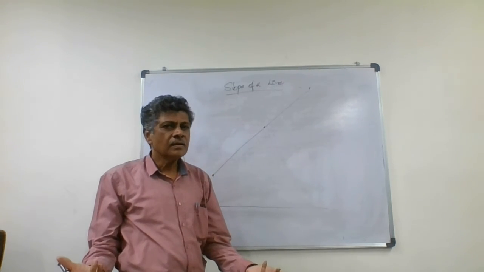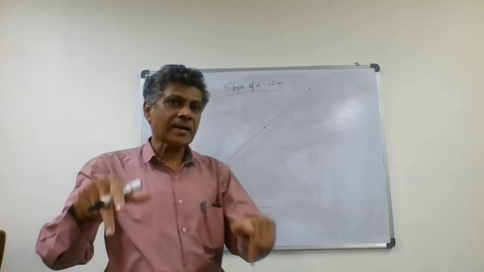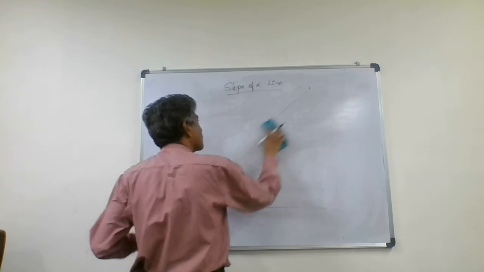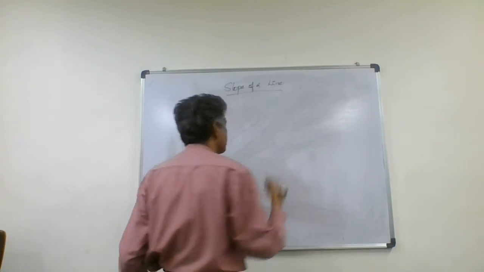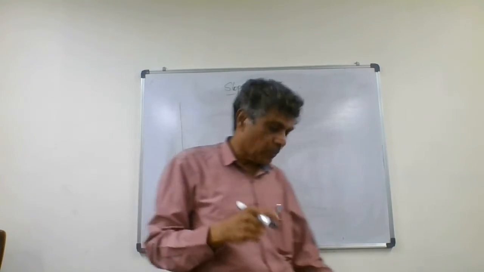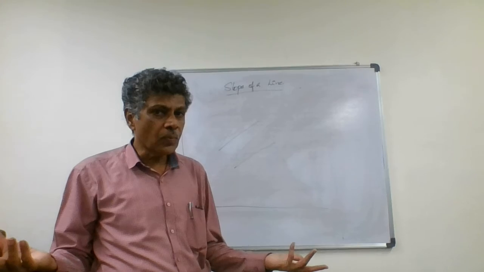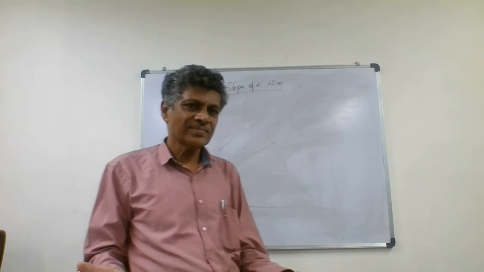Then they are collinear. Actually, they are parallel. I tell you one more. Suppose we have two lines like this. You calculated the slope for the two lines. Both have the same slope. That means they are parallel.